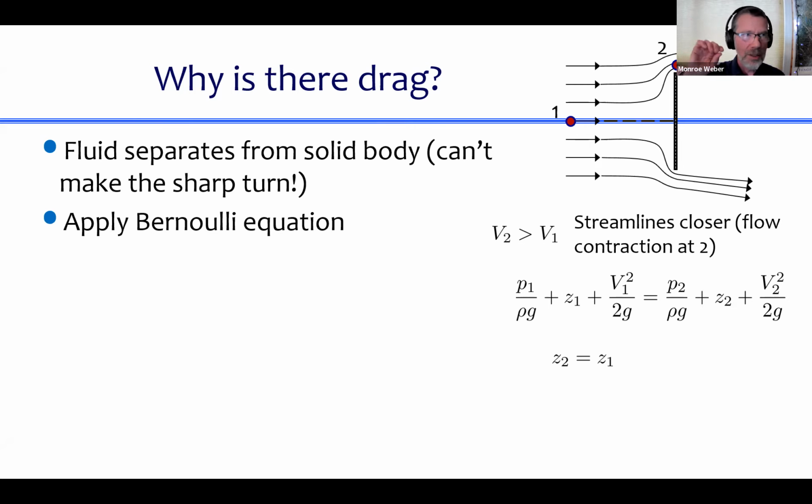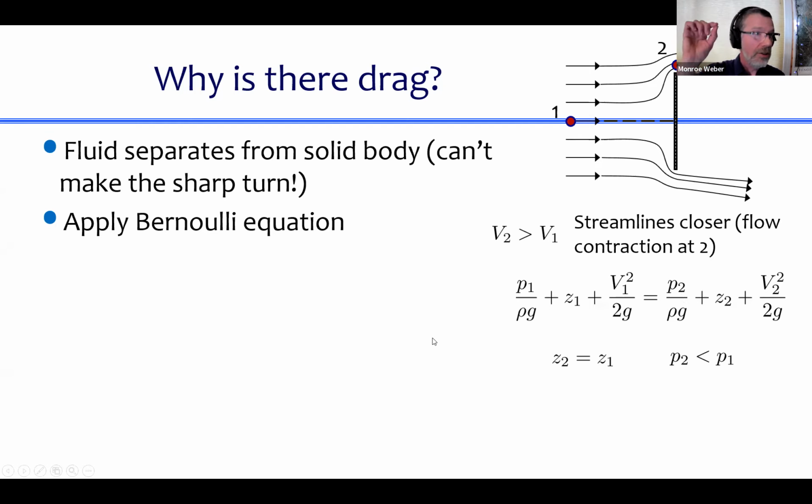So Z2 is equal to Z1. And that means, because the only other terms left are the velocity terms, if V2 is greater than V1, then P2 has to be less than P1. Are you fine with that conclusion? Because V2 was big, that means P2 has to be small to make the equation match.